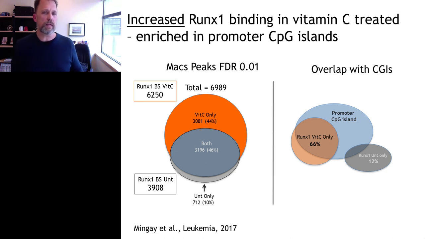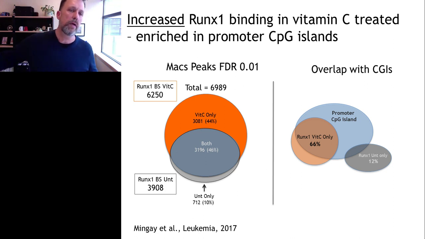We see the exact opposite when we look at RUNX1, a transcription factor whose binding is inhibited by methylation. And indeed, we see an increase in RUNX1 binding following vitamin C treatment.